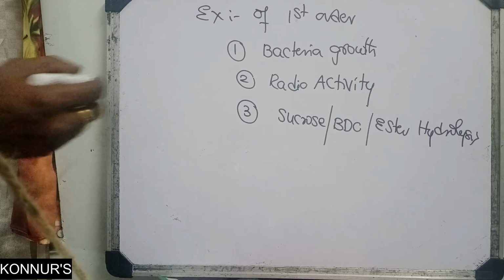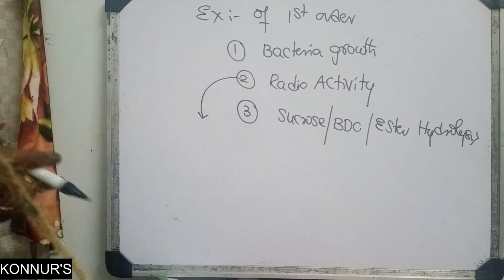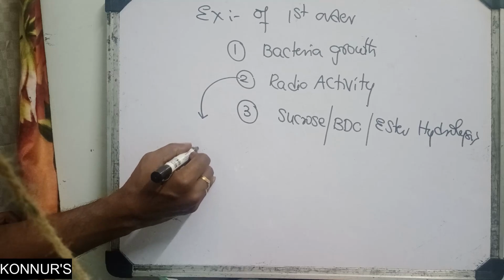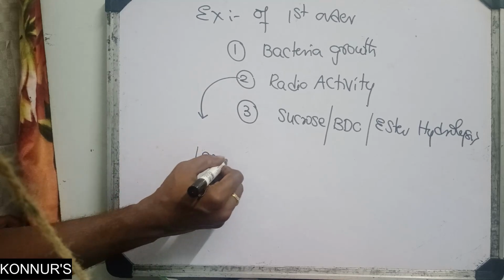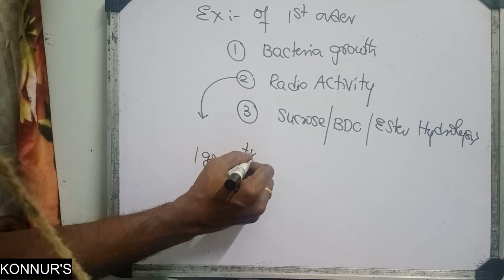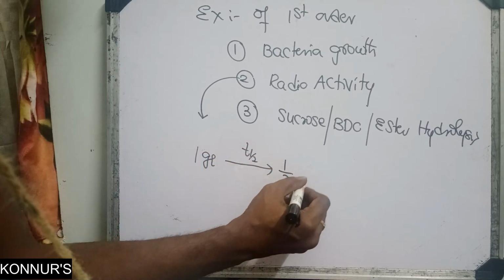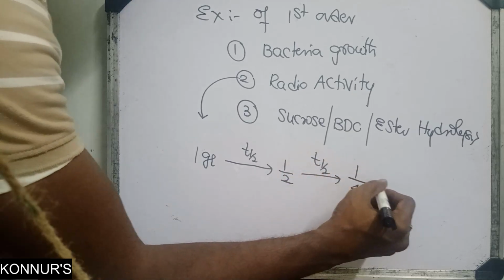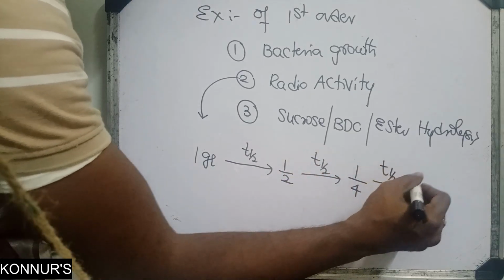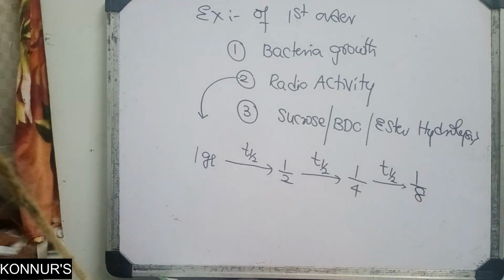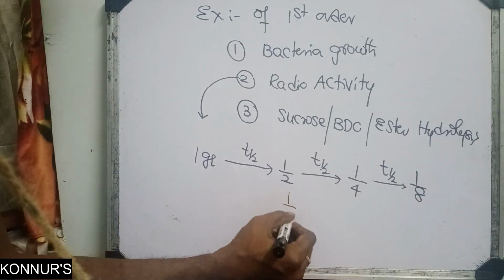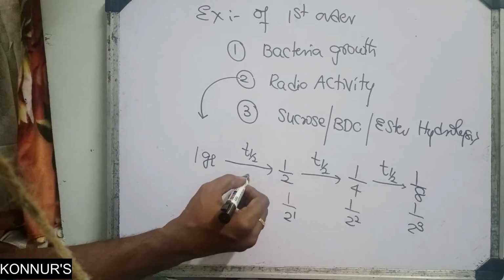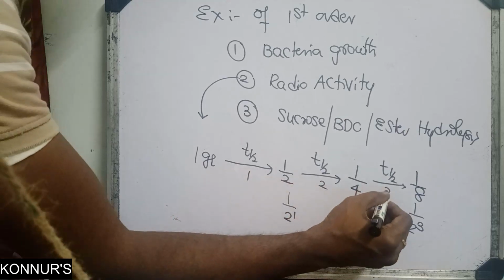Next, in radioactivity, suppose 1 gram of substance is there. So 1 t half, it becomes 1 by 2 gram. Next t half, it becomes 1 by 4 gram. Next t half, it becomes 1 by 8. So that means 1 by 2 to the power of 1, 1 by 2 square, 1 by 2 cube. So t half 1, t half 2, t half 3.